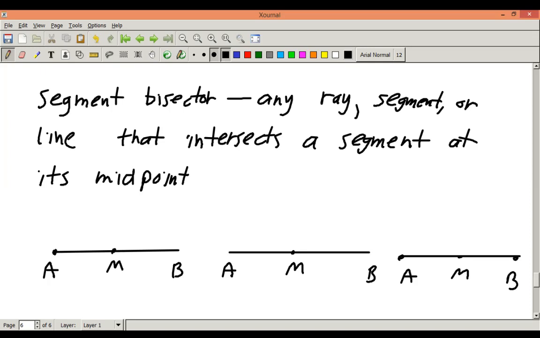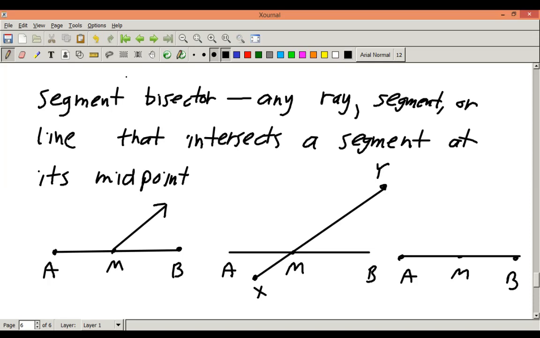So any ray that intersects a segment at its midpoint, so this ray right here, that would be a segment bisector because it bisected, it cut segment AB into 2 congruent pieces. A different segment. So this segment right here, that segment called XY. So you can say that segment XY bisected segment AB because it went through its midpoint.